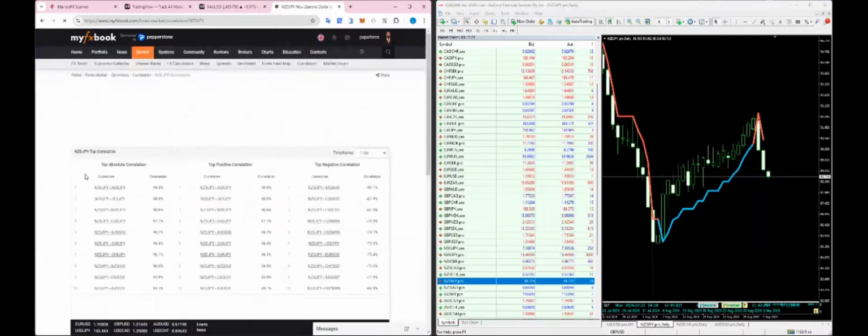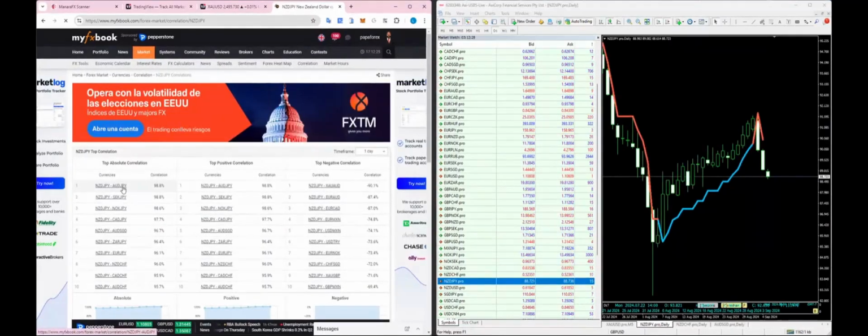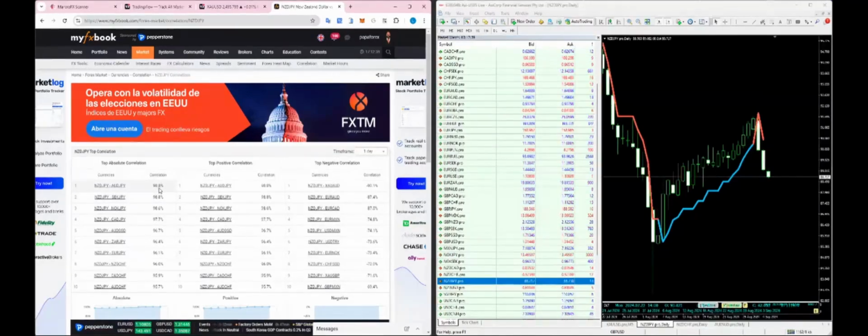Click on it, and you will see that NZDJPY correlates with AUDJPY 98.8%, and with SEKJPY 98.8%. It means that they move almost the same way.